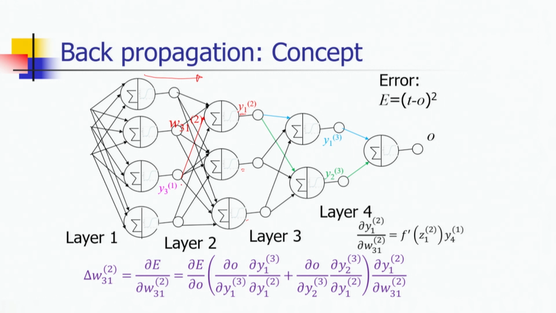Consider this weight, say W31. My convention was that the third neuron in this layer is connected with the first neuron of the next layer. So it is W31, and I would like to compute the partial derivative of E with respect to W31.